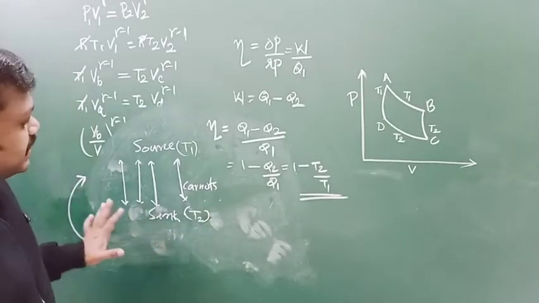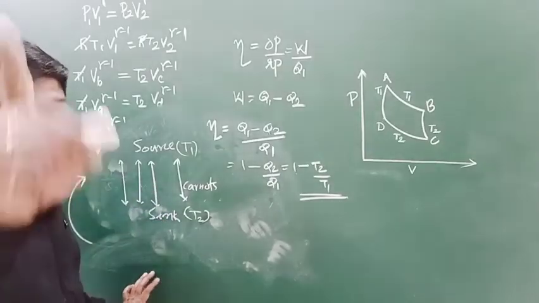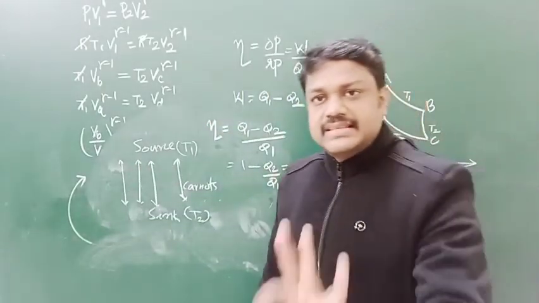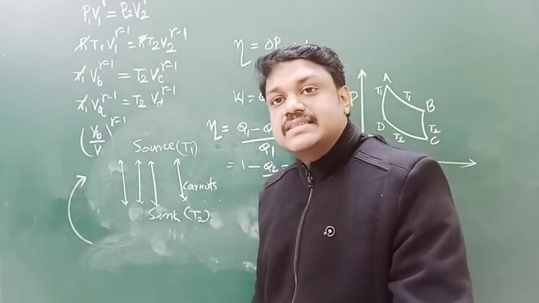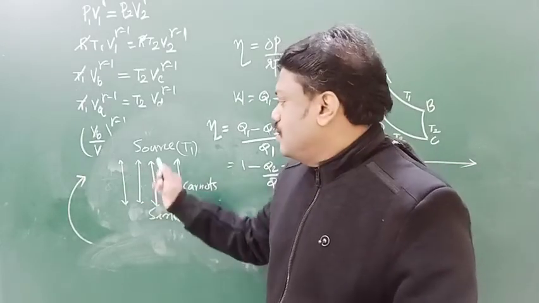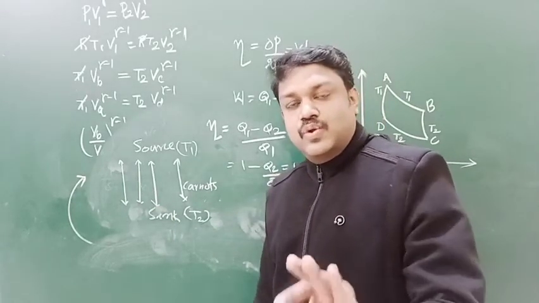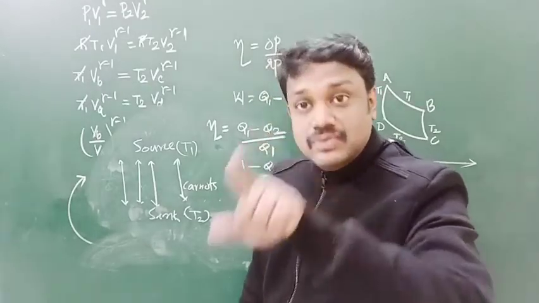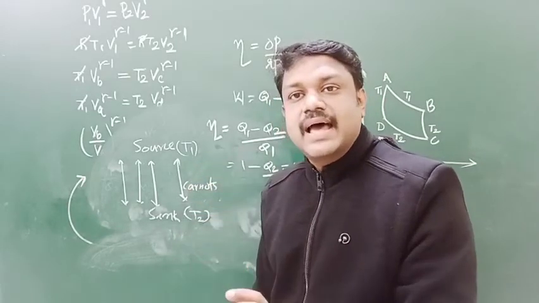It is found that, listen carefully, no other heat engine working between the same source and sink can have efficiency more than a Carnot reversible engine working between the same source and sink.